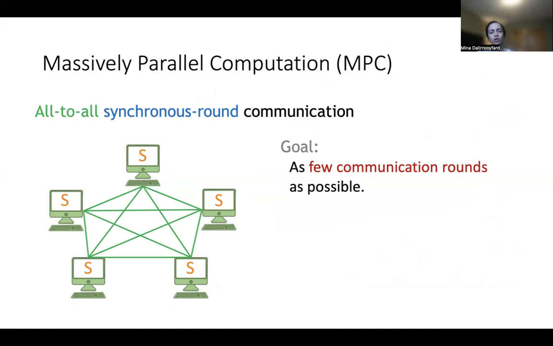And these machines can talk to each other. They communicate via an all-to-all synchronous round communication. And the goal here is to do the task at hand, whatever it is, in as few communication rounds as possible. So the measurement of the goodness of an MPC algorithm is the number of communication rounds.